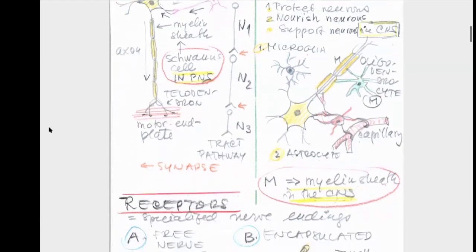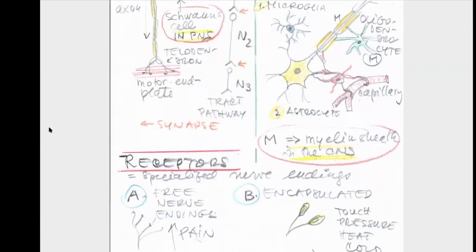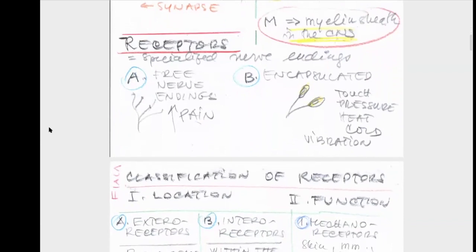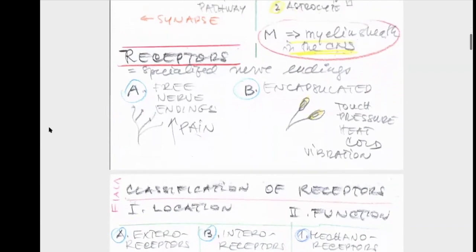Concerning the next topic, which is receptors. We are looking at the receptors, which are again specialized nerve endings. Very quickly, this will be explained also in histology. The receptors are divided into two categories. A means the free nerve endings, which are found, for instance, in the skin and mucosa, and transport the impulses concerning pain or stimuli connected with pain.